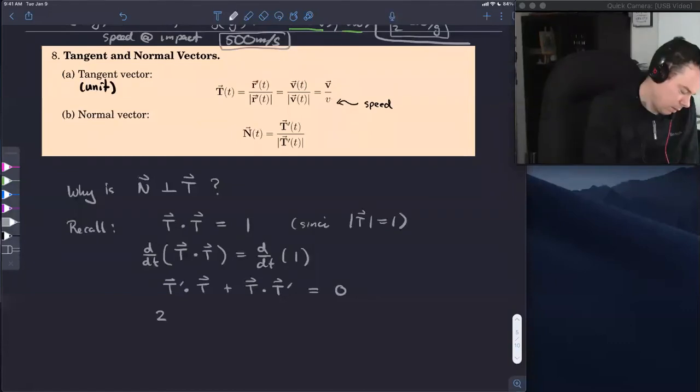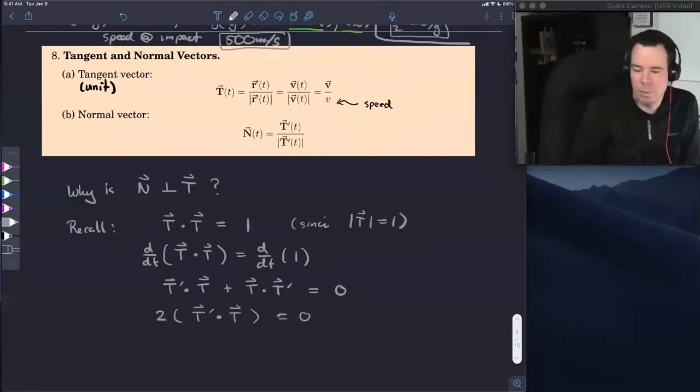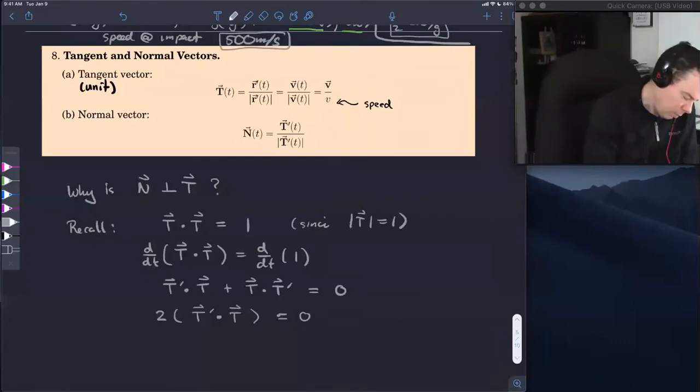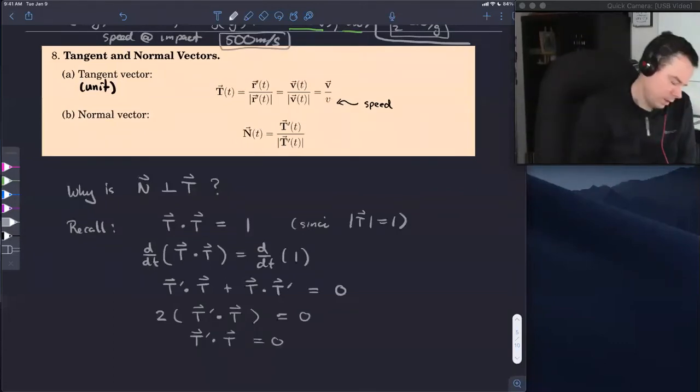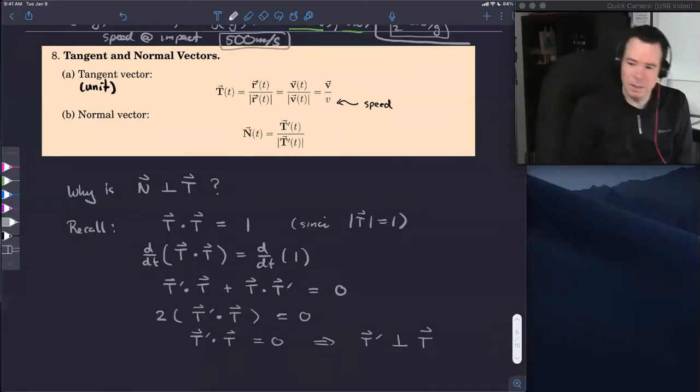But due to the fact that the dot product is commutative, this is really just 2 times t prime dot t. And that means then t prime dot t has to be 0. Since twice it is 0, it means that the dot product itself is 0. And that means that t prime is perpendicular to t.